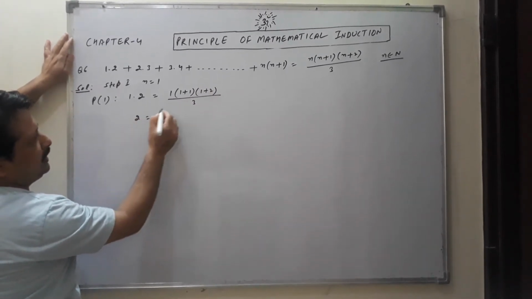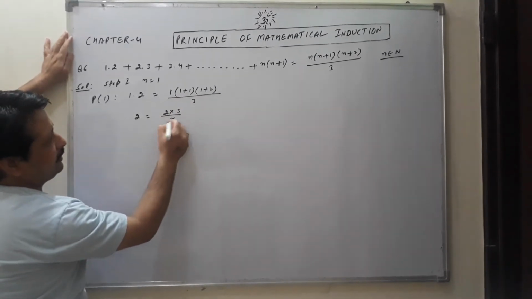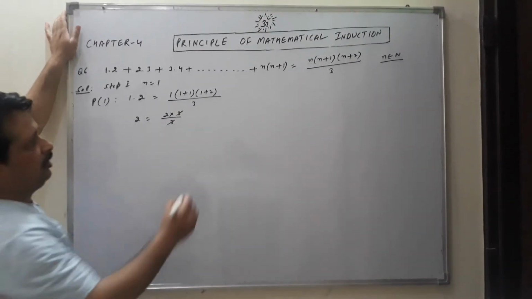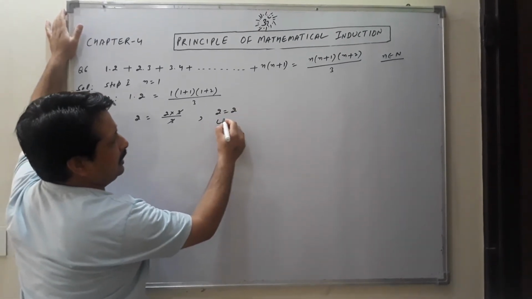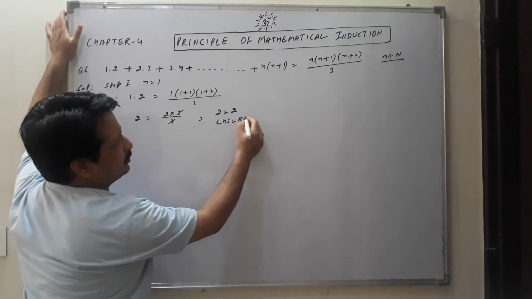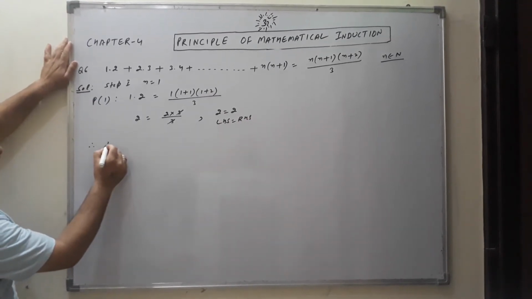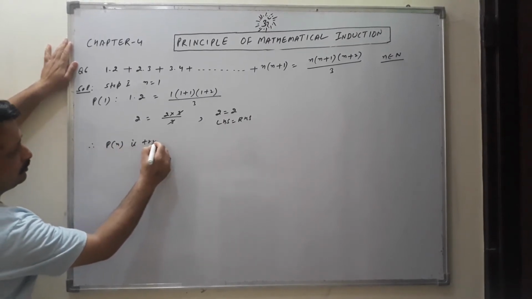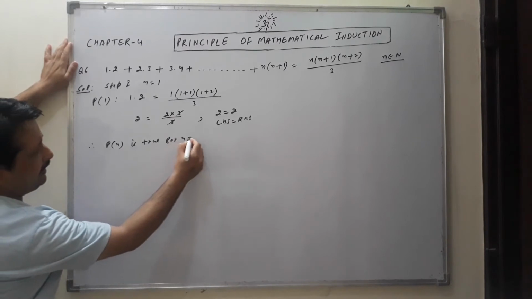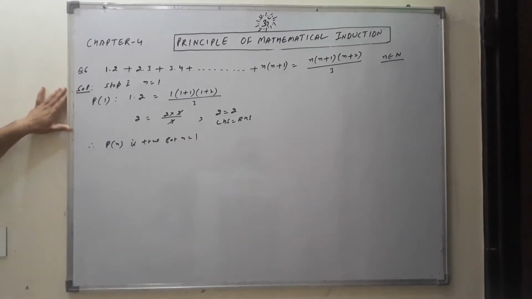So 2 is equal to 1 plus 1 is 2 into 3 by 3. And students, what you will get? You will get 2 equal to 2, left hand side is equal to right hand side. Therefore, we can say that P of n is true for n is equal to 1. This is step number 1, students.